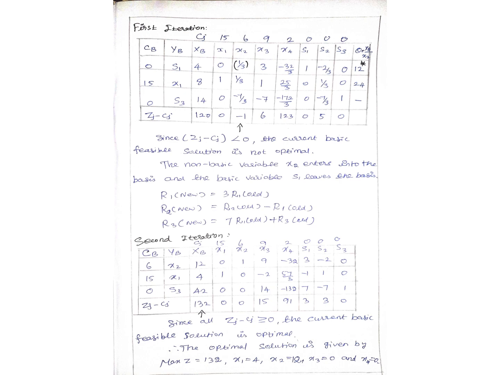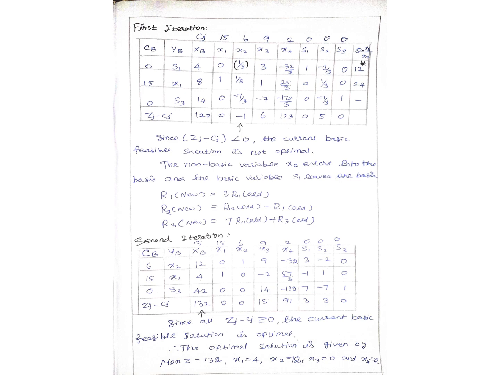In the first iteration, here YB is S1, X1 and S3, and the coefficients of these variables in the CB column are 0, 15 and 0. The XB values are 4, 8 and 14.